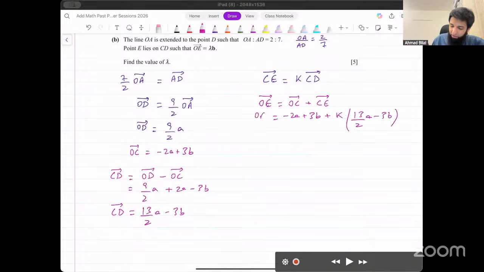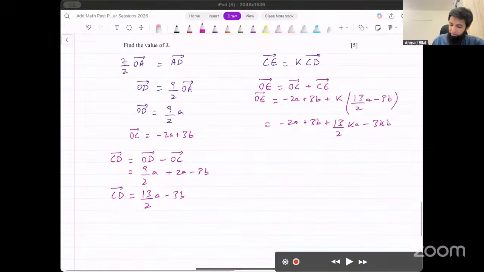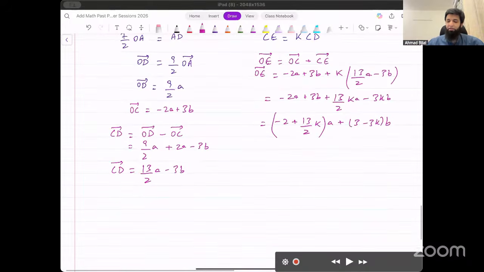So we've got that vector OE now in terms of K. Let's simplify this and see what that gives us. Minus 2A plus 3B plus 13 over 2 times KA minus 3KB. Write the A components together: minus 2 plus 13 over 2 times K whole times A, plus 3B minus this, we could say that is 3 minus 3K whole times B. This is what we're getting.